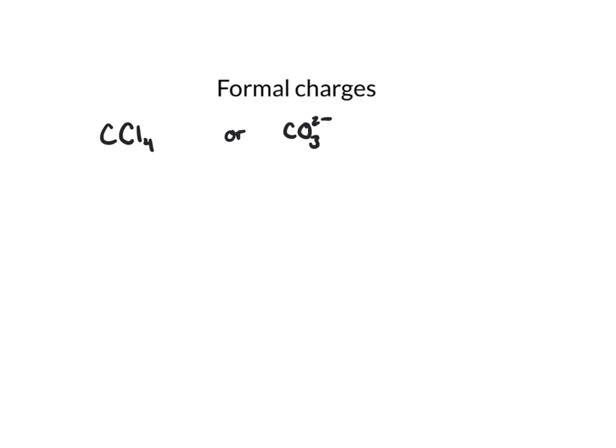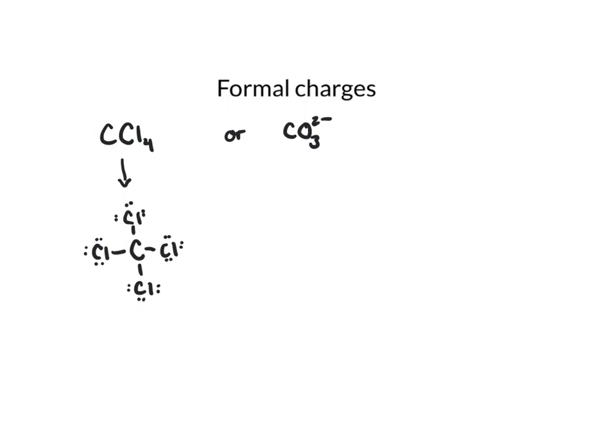So for instance, if we draw the Lewis structure for carbon tetrachloride, we end up with a structure that looks like this, where each chlorine atom has 6 lone pairs. And there is a bond between the least electronegative atom, carbon, and each of the chlorines.